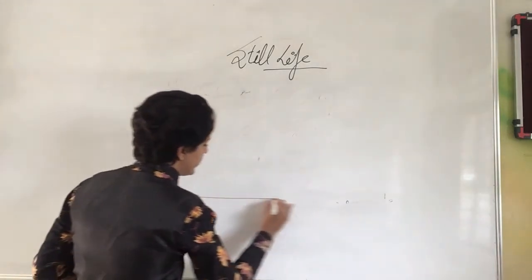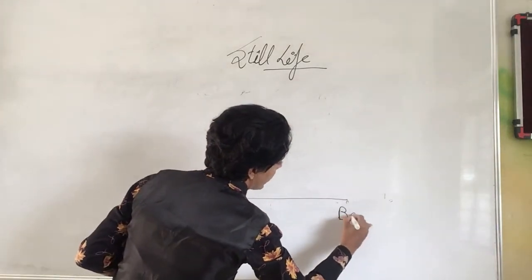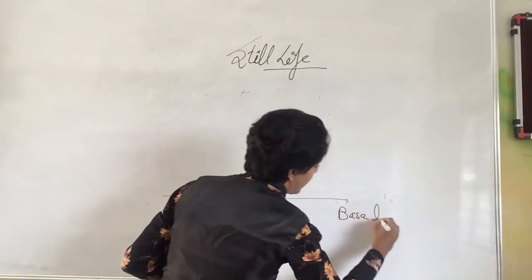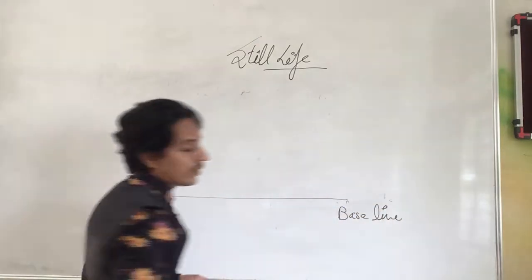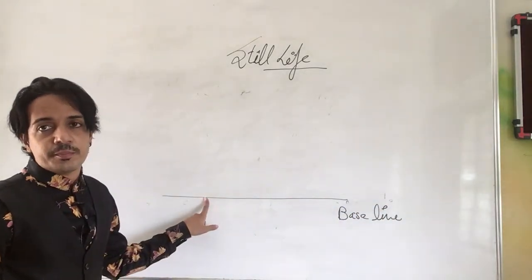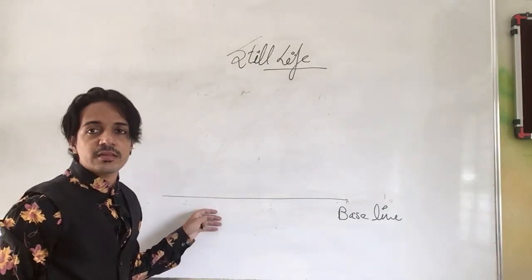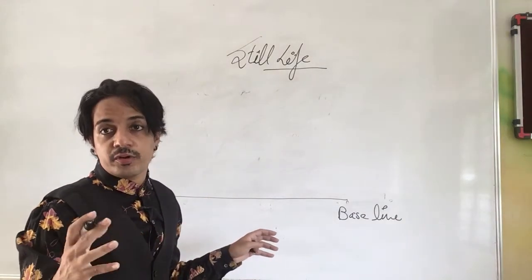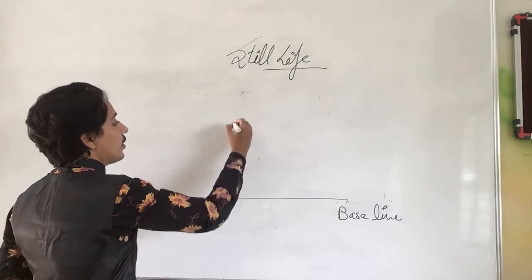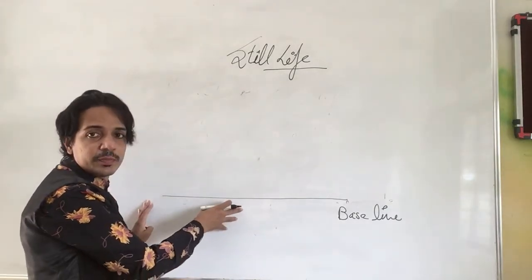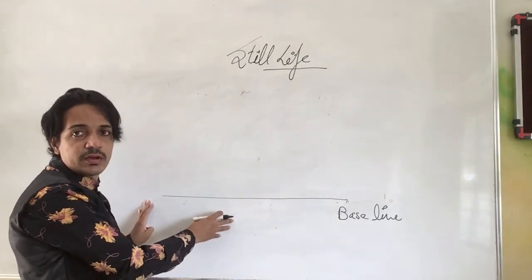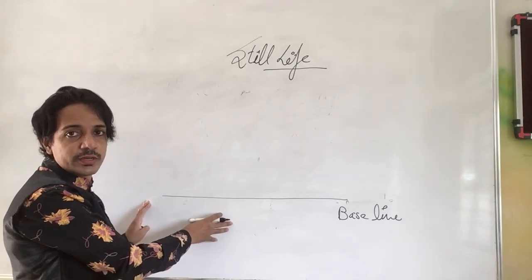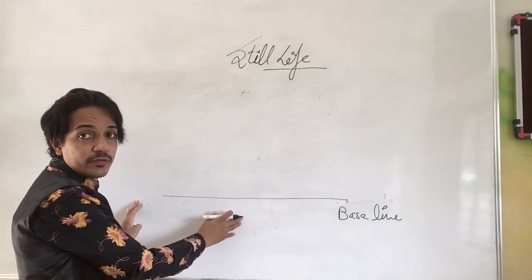On your sheet you have one line down, that is the baseline. This line is very important because it is the essential line for still life. All the drawing is based on it, whatever the arrangement of the composition you are doing.